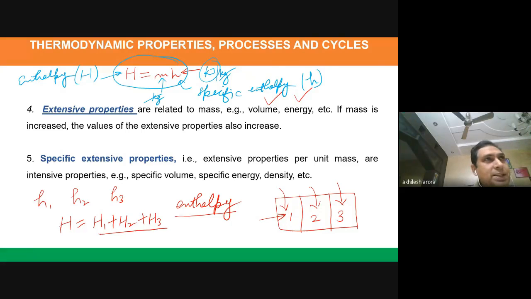But in certain cases the property may change also. For example, enthalpy is energy, volume if you can consider, or any other property which is actually dependent upon mass, so that will increase.